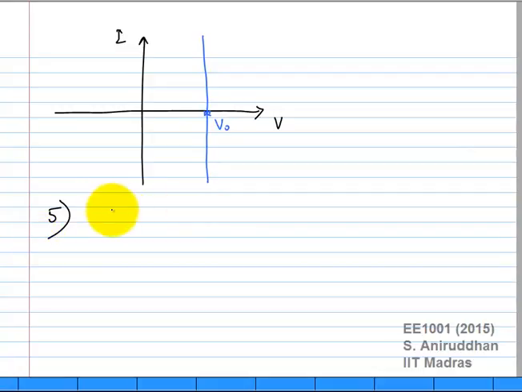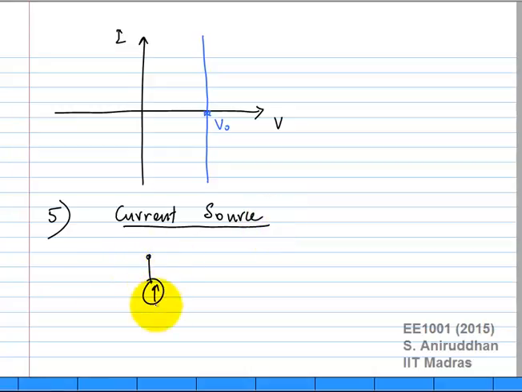Similarly, you can define what is called an ideal current source. As shown, the current direction is upwards, but it could be downwards also. Remember, the reference direction does not matter.